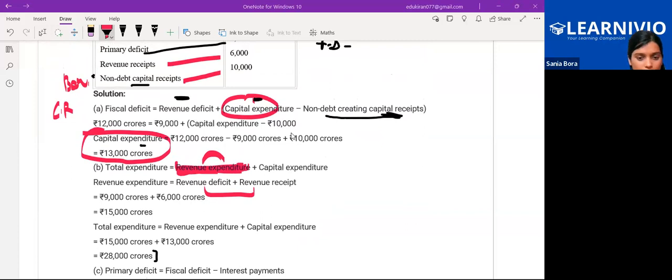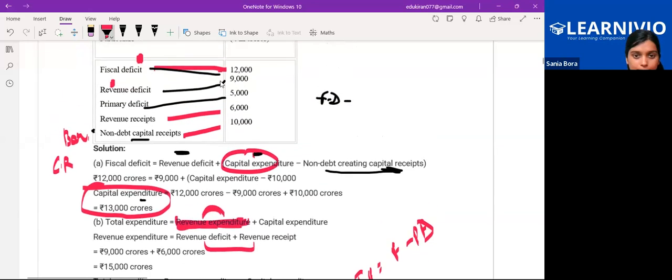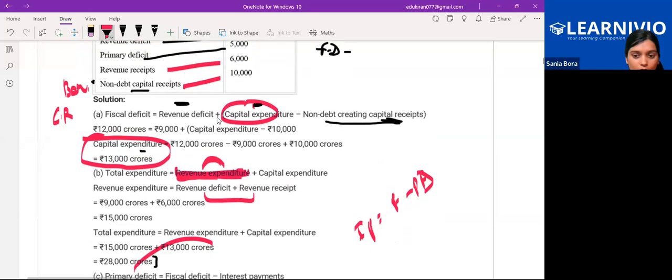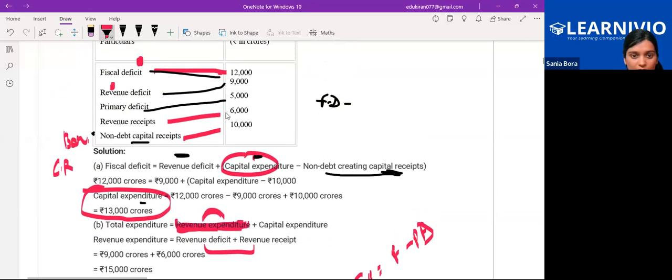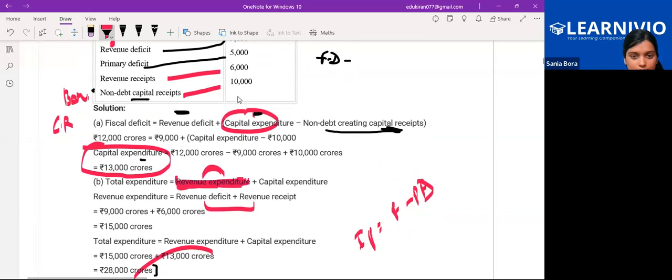To find interest payment, fiscal deficit minus primary deficit. So what is your fiscal deficit? Fiscal deficit is 12,000. 12,000 minus what is your primary deficit? It will be 7,000.